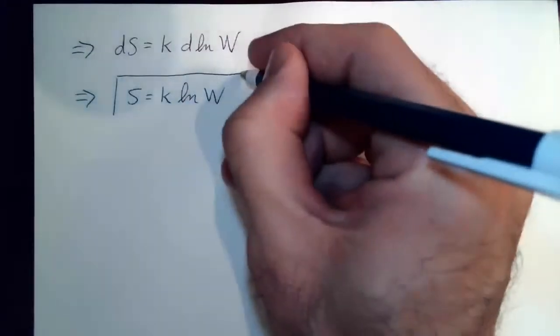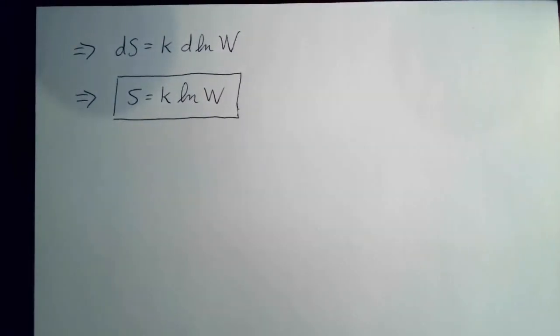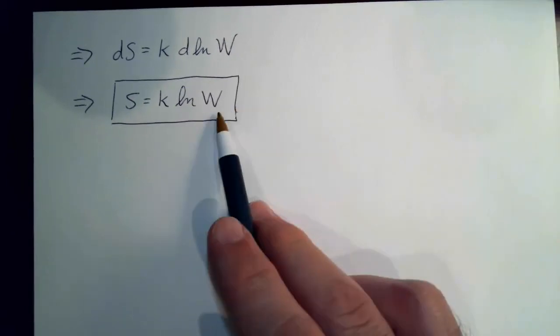And this is the famous Boltzmann formula for the entropy using a microscopic description for the entropy, which comes from the multiplicity function.